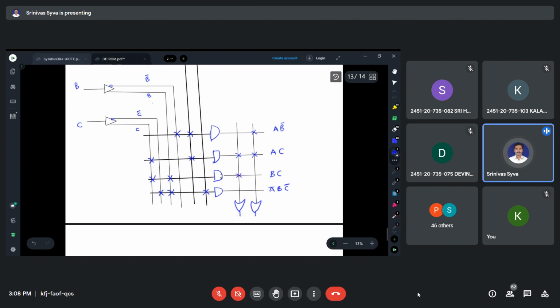They are fuses. These are all fuses. Next, this is connected to some external OR gate.